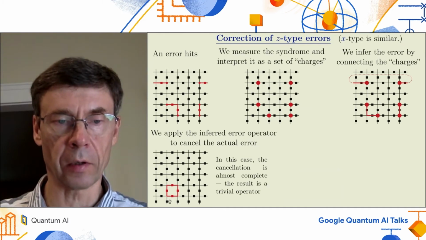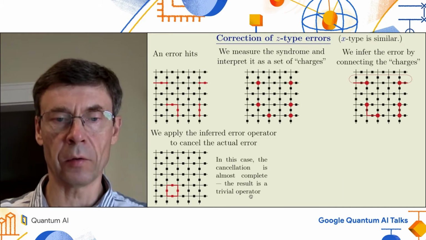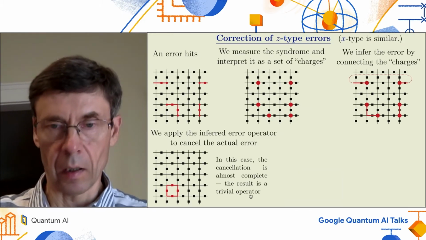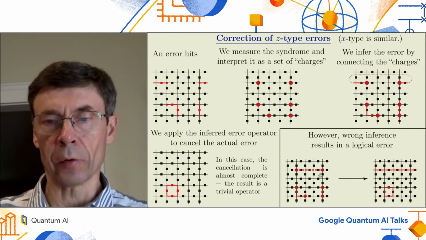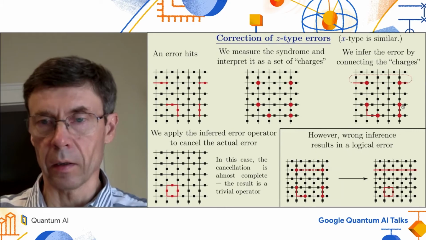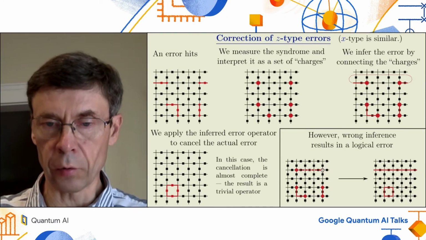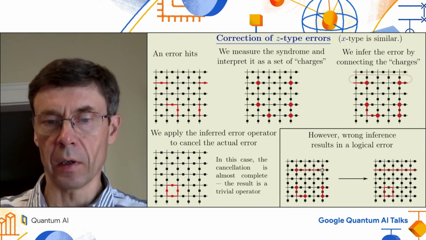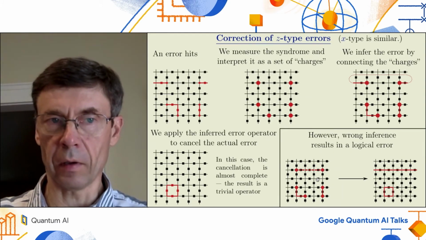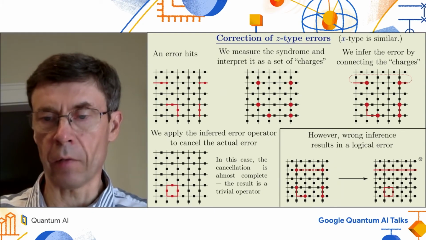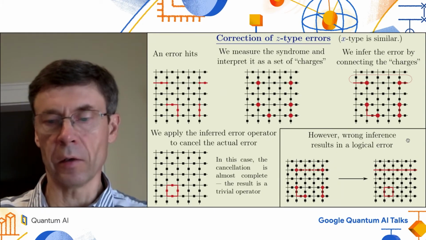We don't care about such operators because they don't do anything to code vectors. However, wrong inference results in a logical error. If we connect these two dots by a straight line rather than going around the torus, the difference between the actual and inferred errors is a line going around the torus, and that is a logical error.